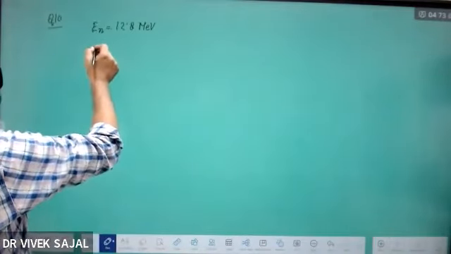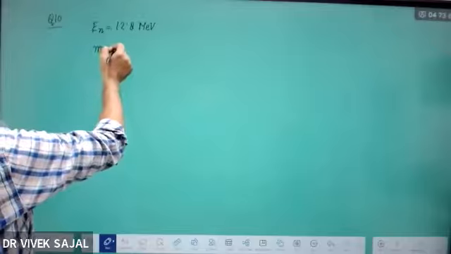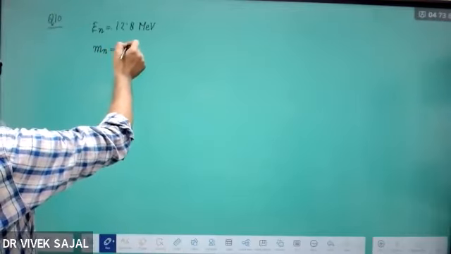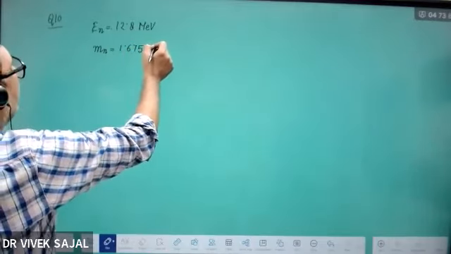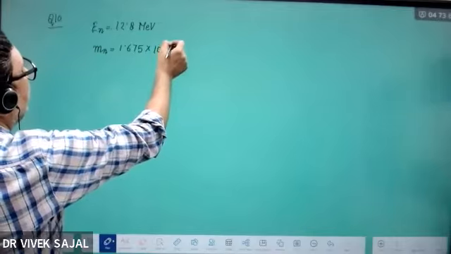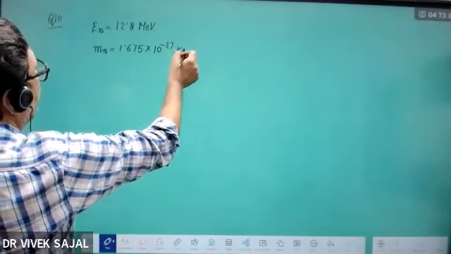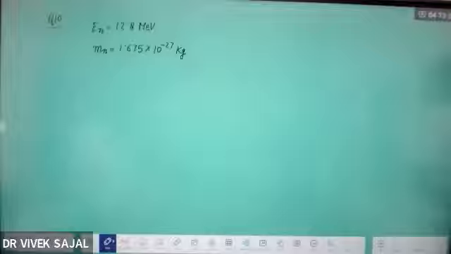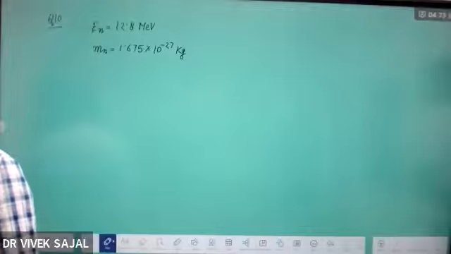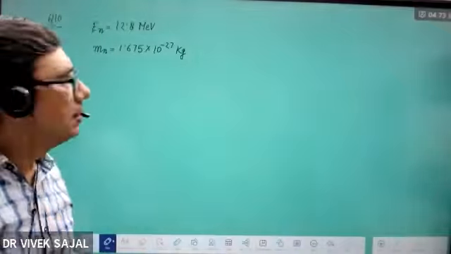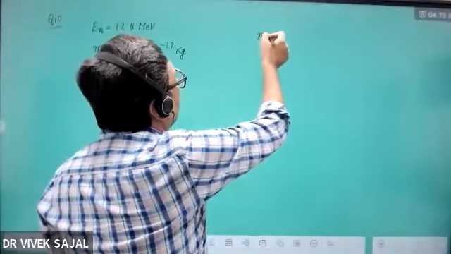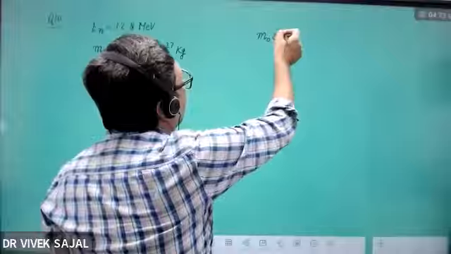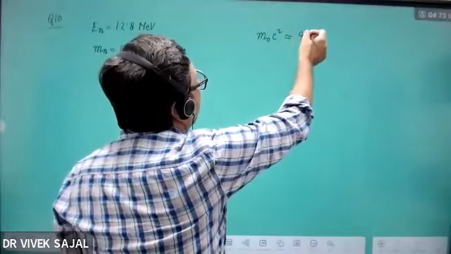Mass of neutron is 1.6755 into 10 to the power minus 27 kg. So the mass of the neutron is this much. You have to find the de Broglie wavelength. So try to understand. If you remember, the rest mass energy of the neutron is roughly 938 MeV.